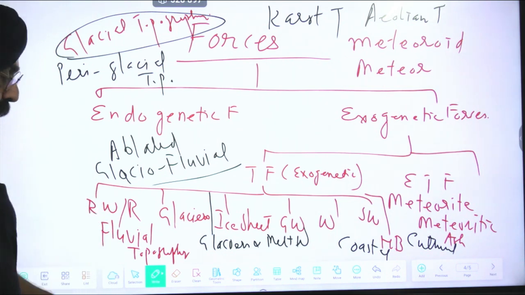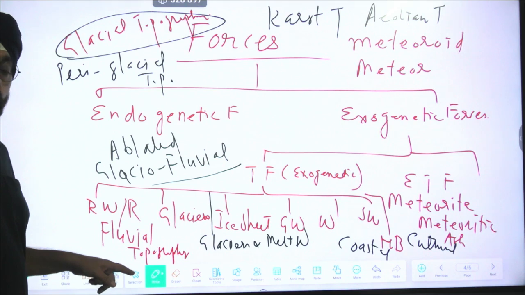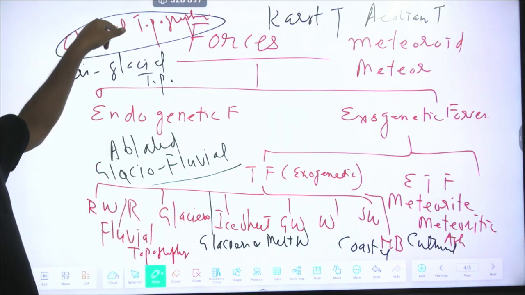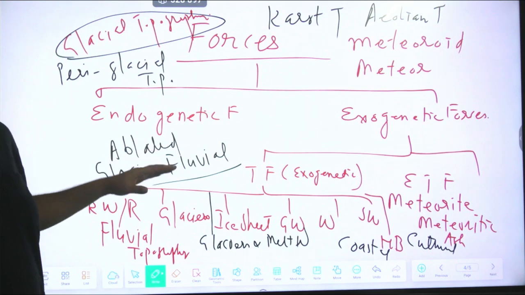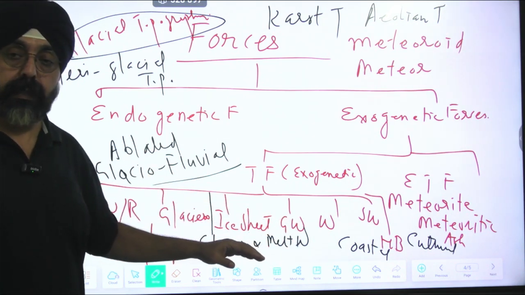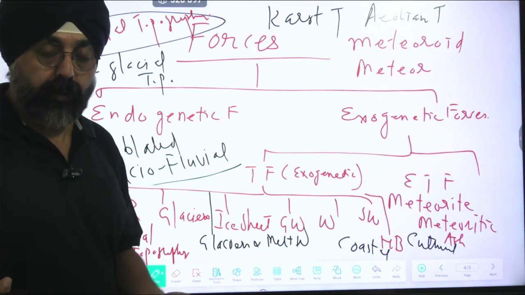The teacher is going to repeat again. Running water, a river, fluvial topography, glaciers, glacial topography. All these are the agents of erosion, exogenetic forces, and each exogenetic force makes its own topography.